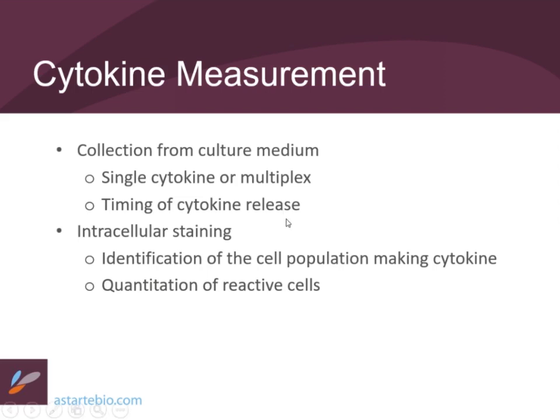You just need to keep in mind timing of that cytokine release to get the best data. The other method is the use of intracellular cytokine staining, which allows, again, as we saw with CFSE or bromodeoxyuridine staining, you to identify the cell population that's involved in the response and quantitate that to some degree.